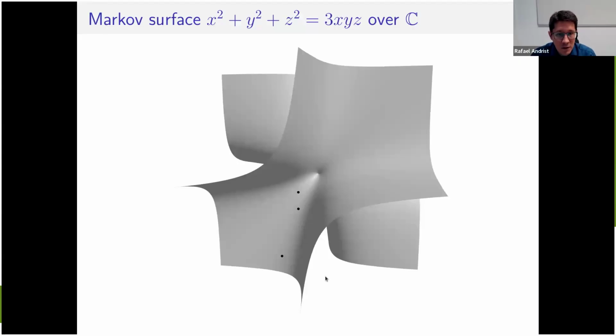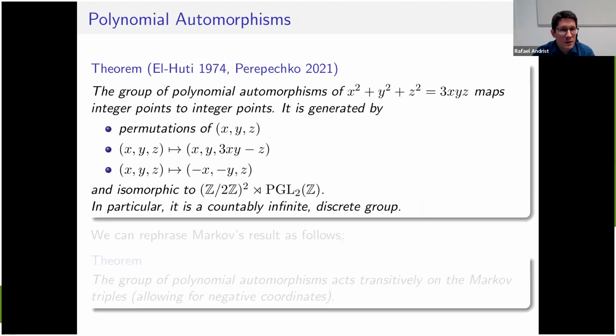And now there are a few results. There is a description of, well, it's not a description of the automorphism group, but there's a description of how some group acts, going back to El-Huti.